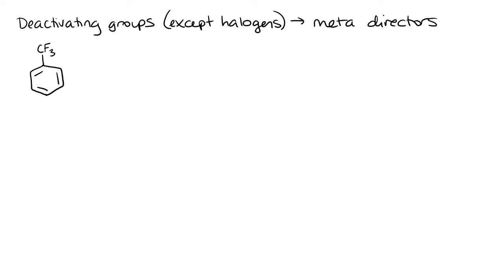Now again, the electronegativity of fluorine is going to pull the electron density towards this group. So we're going to have a slightly positive charge that's starting to form on this carbon. Now that's going to make the benzene ring slightly slower in electrophilic aromatic substitution than just a regular benzene ring normally would, but it can still react in some cases.